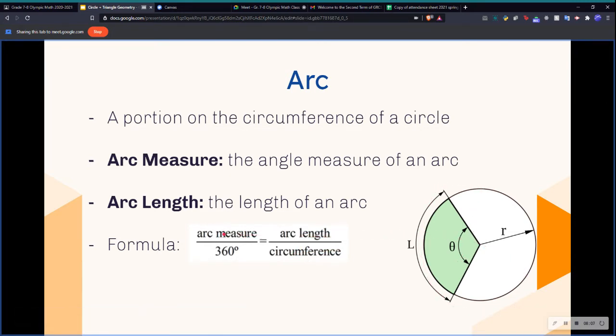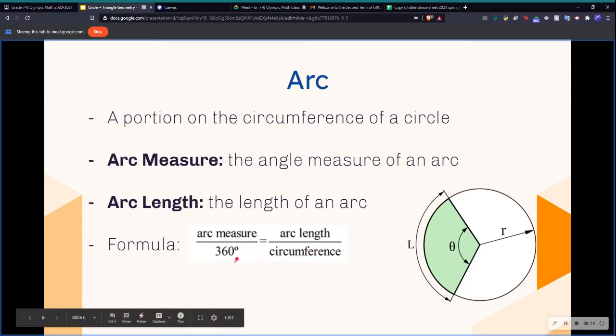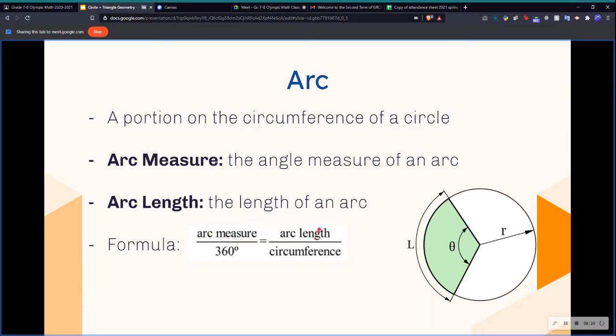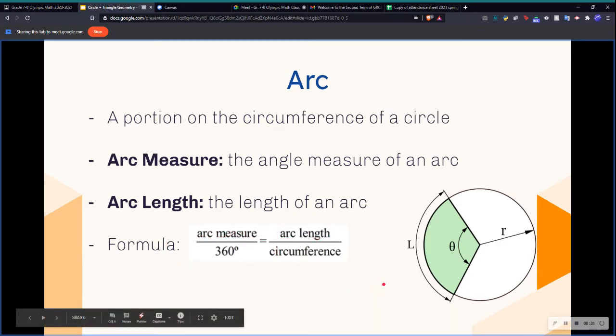These are fractions. Arc measure is a portion of the 360 degrees, and arc length is a portion of the circumference. So that's why these two ratios are equal to each other, right?